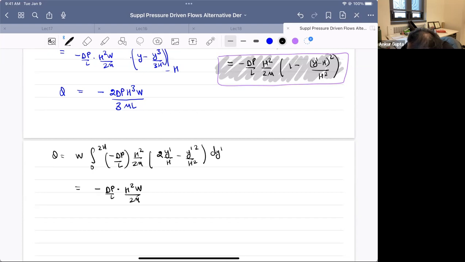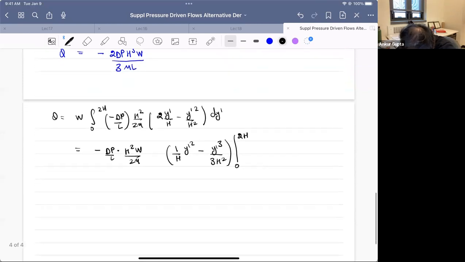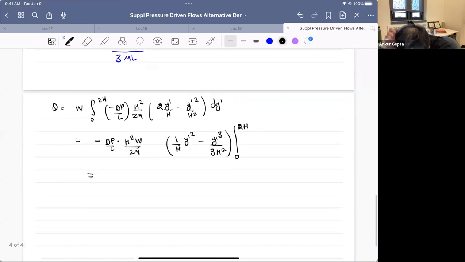So you get here 1 by h y prime square minus y prime cube by 3 h square, from 0 to 2h. And so here you will get 4 minus 8 by 3.